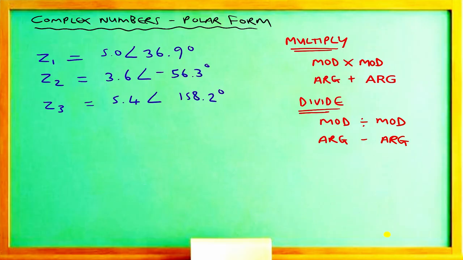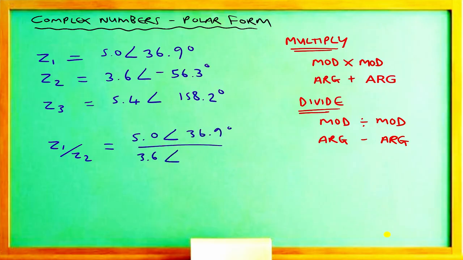Let's take a look at one more, and this time we'll do z1 divided by z2. z1 is 5.0 at an angle of 36.9 degrees. z2 is 3.6 at an angle of minus 56.3. The modulus of z1 over z2 is just 5.0 divided by 3.6, which gives us 1.39.